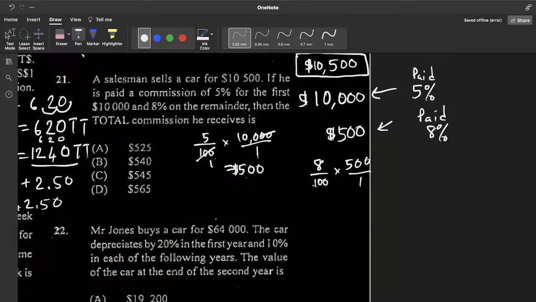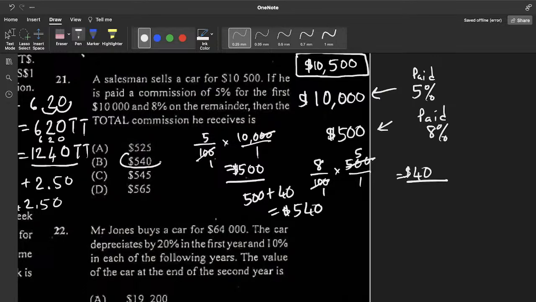So 100 goes into itself once, and 100 goes into 500 5 times. So we'd end up with 8 times 5, which is 40. So now we have $500 and $40 that he's going to be getting paid in commission. So we could just add those together, which would give us 540. So that's our answer, 540.